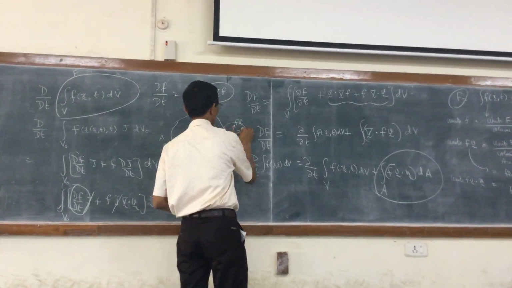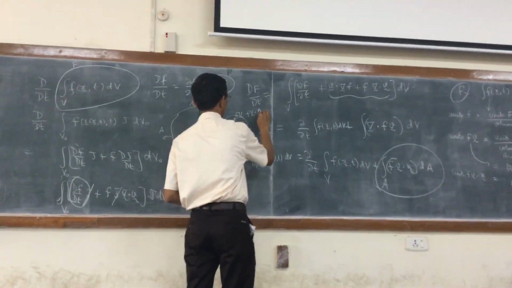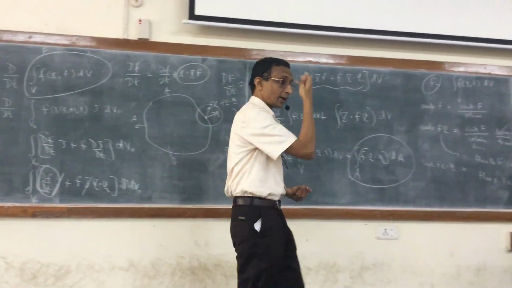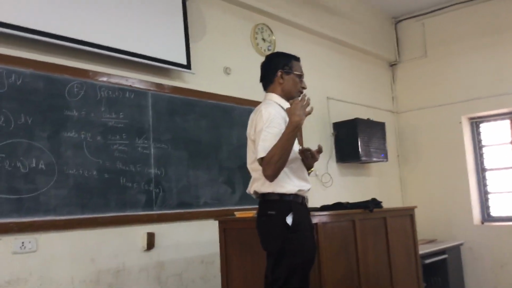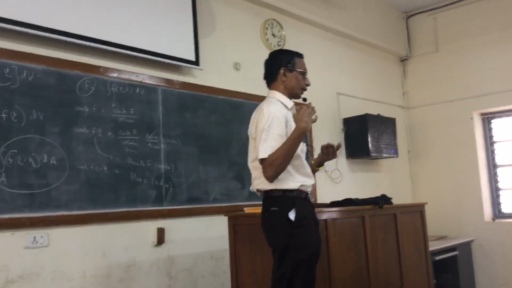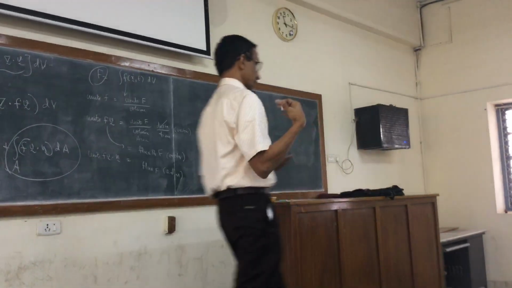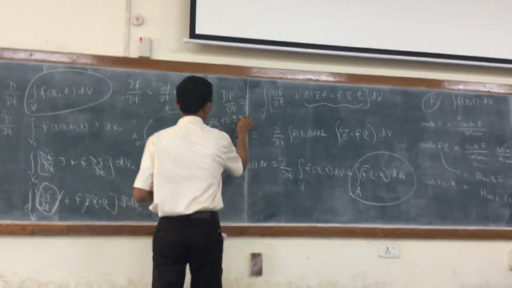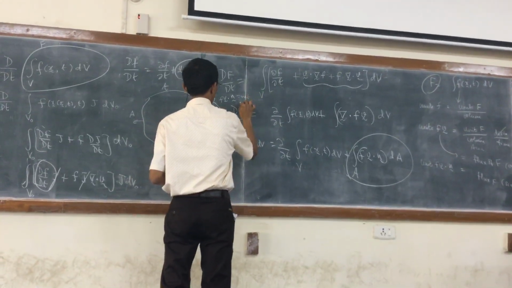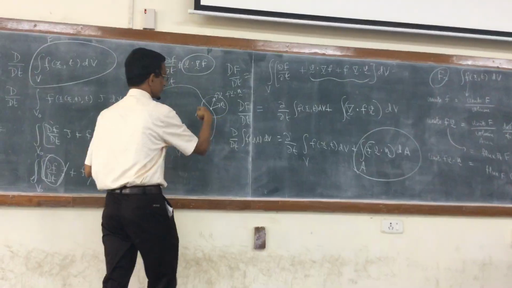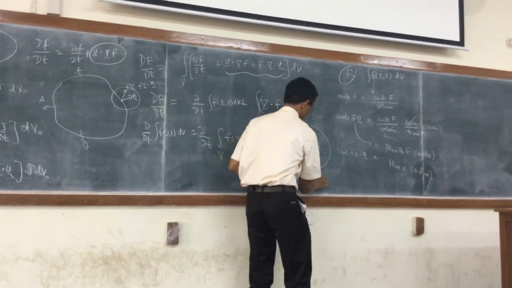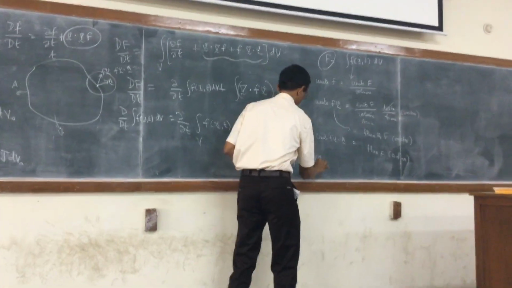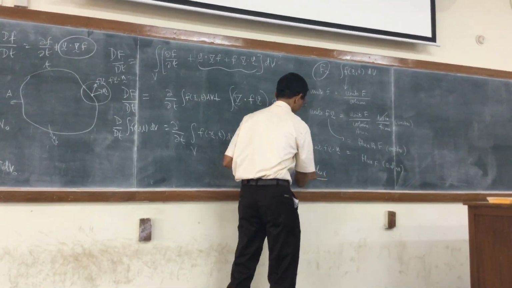So when I take the dot product of the two, I get Fv dotted with n. That is to be regarded as a net outgoing flux of the quantity capital F. So when I integrate this, this is the flux, and when I integrate it, this can be regarded as a net efflux, rather than the influx.